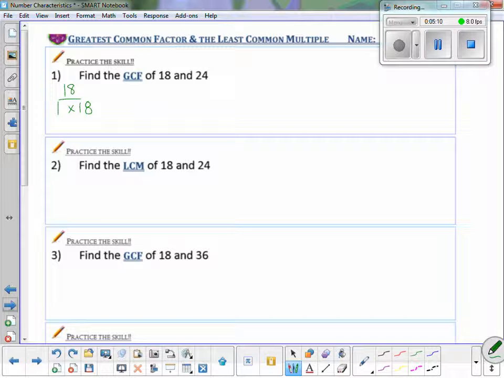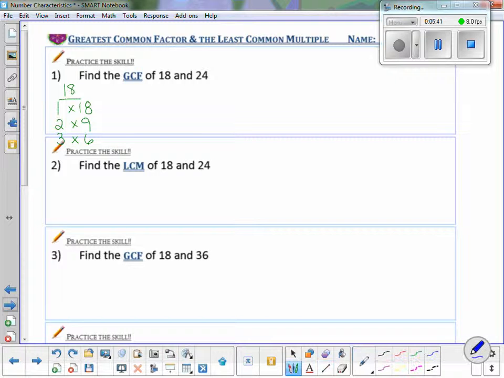We're doing this in order, so we don't skip them. 2 times 9, and then 3 times 6. You got it. Do we have any other ones? 18 times 1. You have 1 times 18 and 18 times 1, yep. All right, we have all of them for 18.